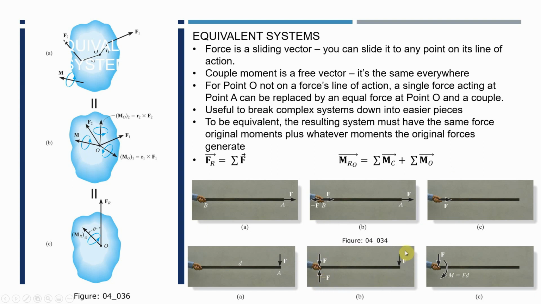And then this force, and these two cancel, leaving this force, but then you also have to replace it with the moment that's generated about this point. And of course, here's the idea. If you push it, force acting at the end of the rod is the same as a force acting at the other end. Pulling. Okay.